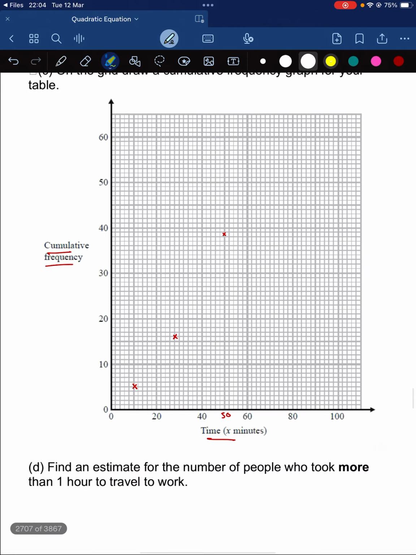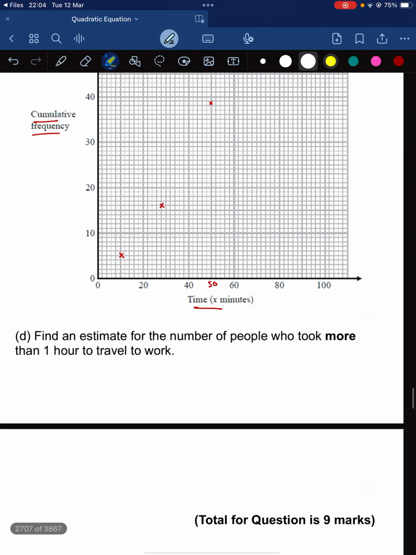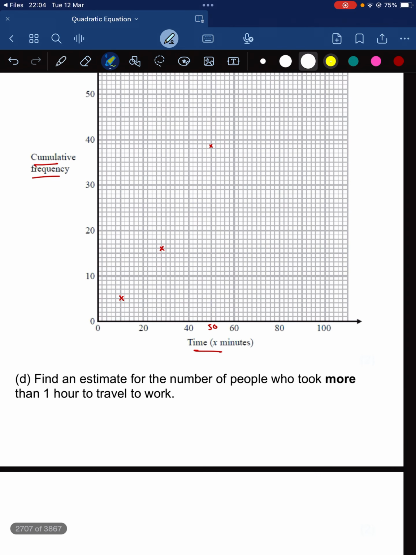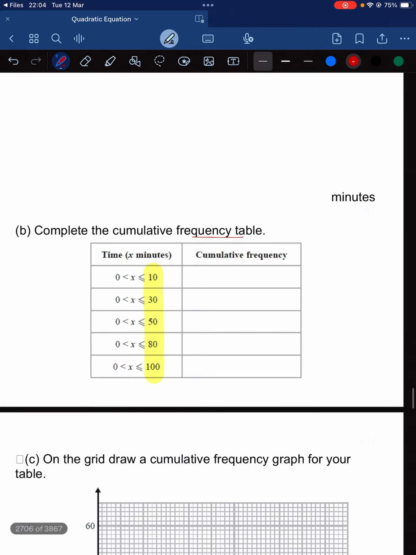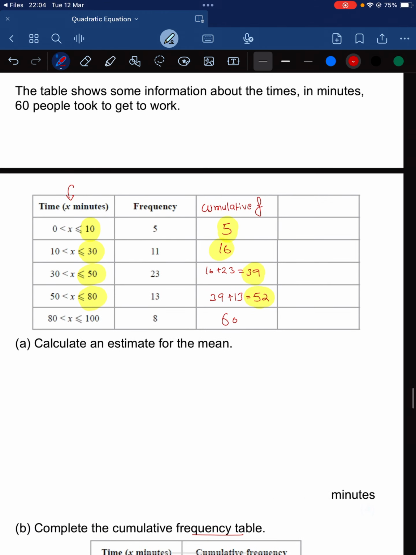Now we will mark this point, 80 and 52. This one is 80, and then 52. Then the last point is 160.